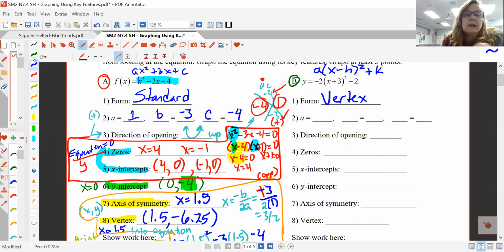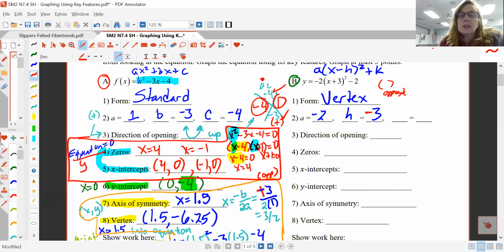So A is -2, H, remember what you see is opposite, okay, so you might want to write a little thing, parentheses, opposite. So opposite for parentheses, all right?